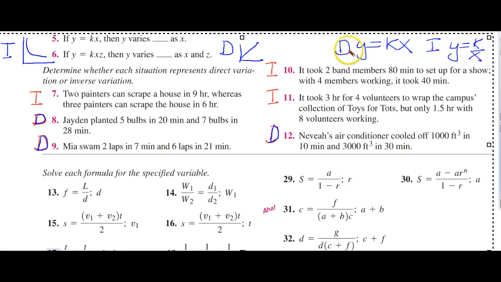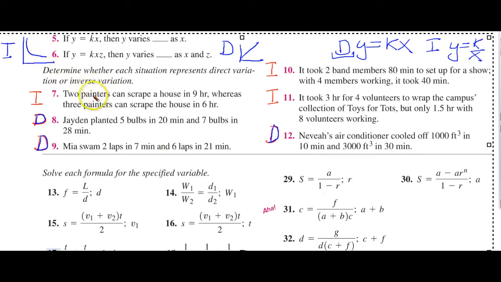Now if we made a graph of direct variation, it would look like this. Things just get bigger and bigger and bigger. Here, if you multiply x and y, k equals the product. So this sort of stays the same always. The graph for direct variation looks like this. The graph for inverse variation looks like so.